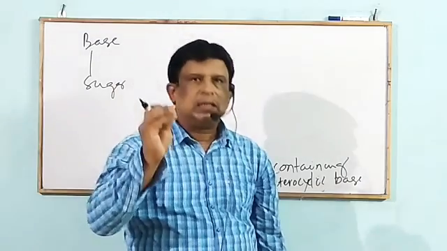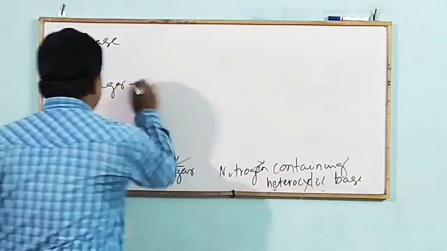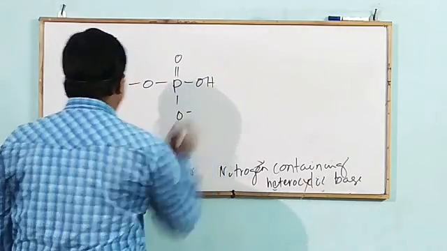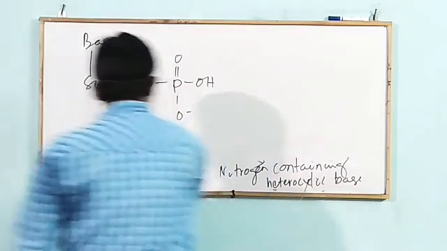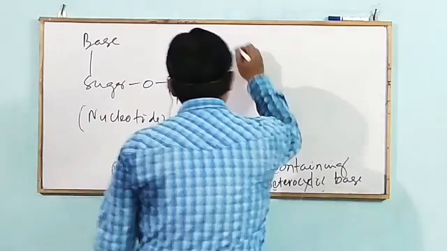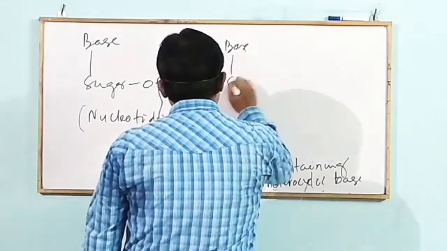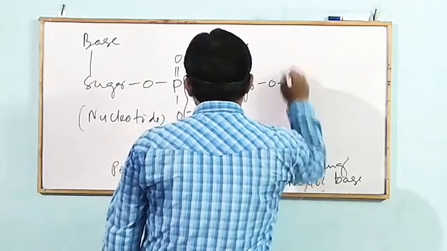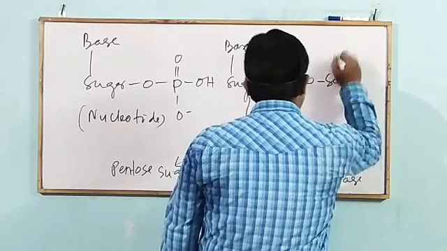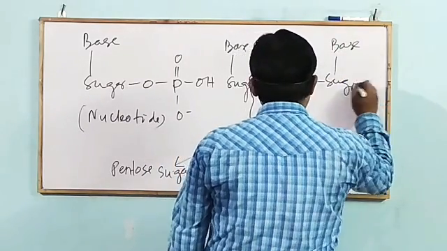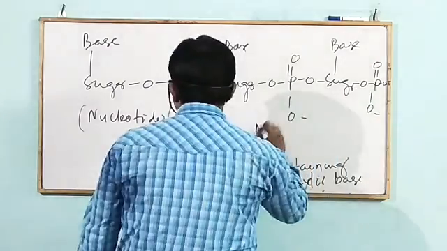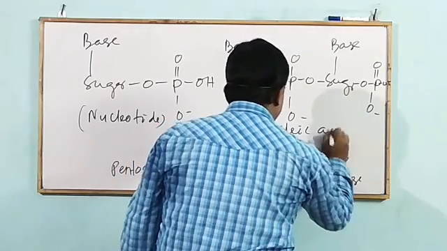First a base is attached to sugar, which is the nucleotide. When bases and sugars form a chain, it is known as nucleic acid.